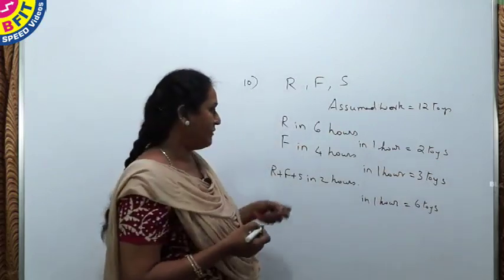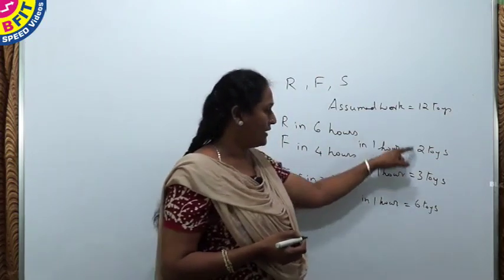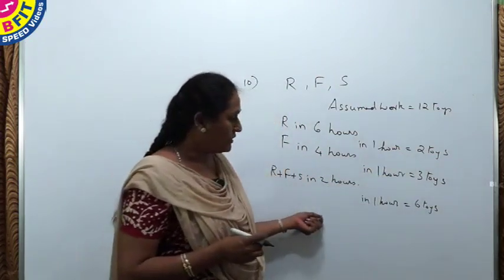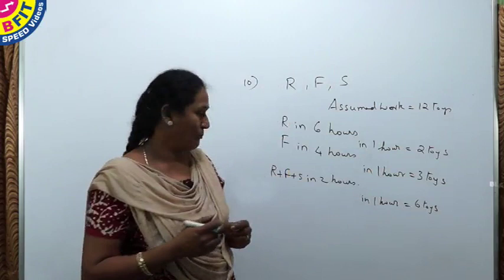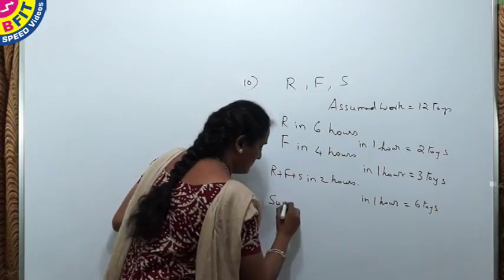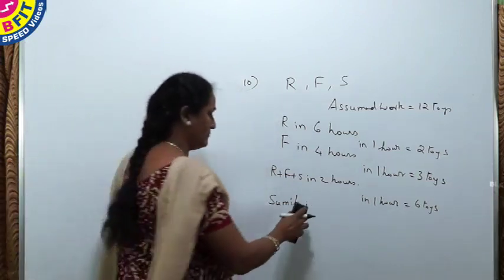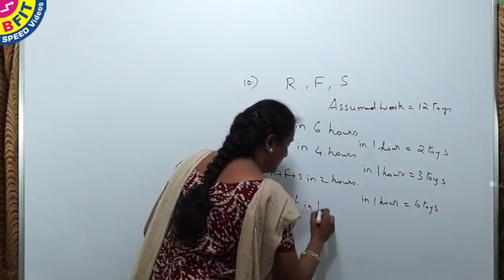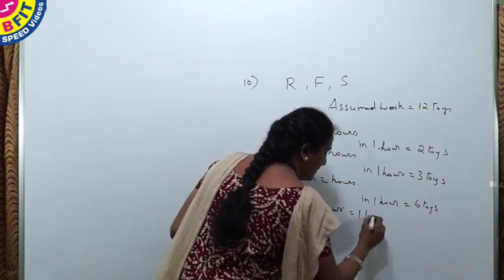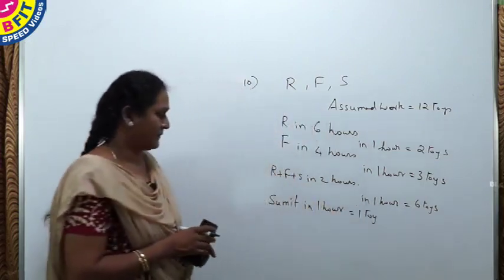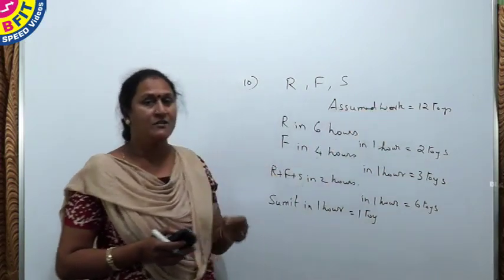In this data, Rakesh can do 2 toys, Fazil can do 3 toys, so together they have done 5 toys. When all the 3 are doing 6 toys, Sumit has done only 1 toy per hour. So to make 12 toys, he needs 12 hours.